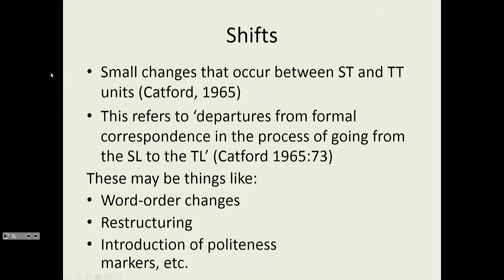It could also be on the level of things like politeness markers, etc. So, for example, in English, we don't have politeness markers for pronouns like you, which I know exist in various other languages. So these might be areas in which shifts occur. So these are simply a way of describing departures from the source text.